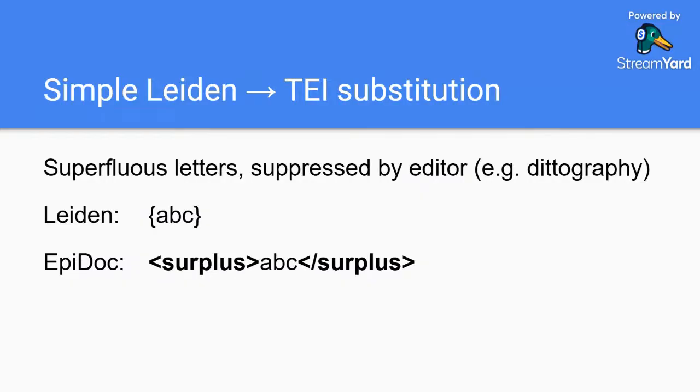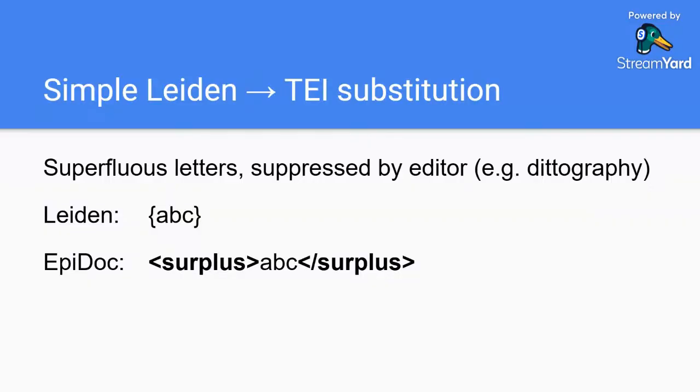Another example is where in Leiden, there are characters written on the stone that we think, if you'd pointed them out to the stone cutter, would have said, "Oh yeah, I didn't mean to put that there," and it was written in error. This is most often ditography, where a character is written twice, sometimes at the end of one line and again at the beginning of the next, or otherwise.